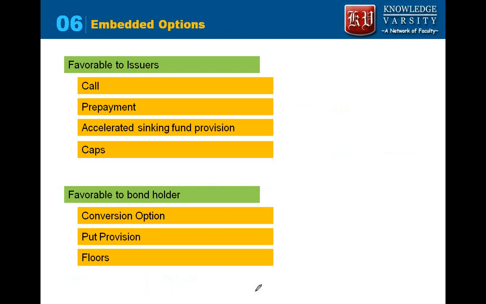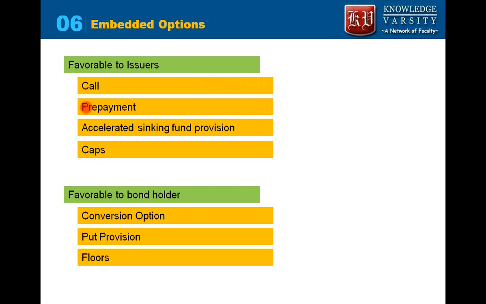Some of these options are favorable to the issuers and some are not favorable to the issuers, or they are favorable to the bond holders. Please, this is very important to know: which are favorable to the bond issuers and which are favorable to the bond holders. A call gives the right to the bond issuer to call back the bond, so it is favorable to the bond issuer.